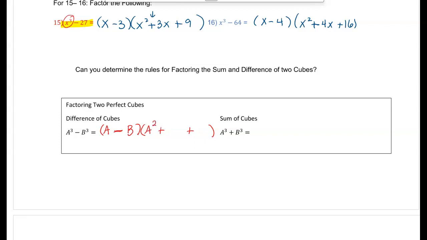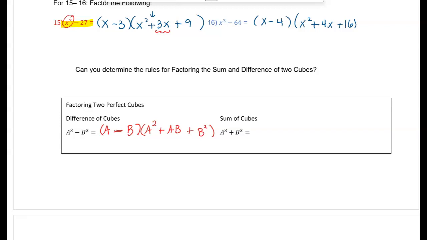Then what do we do to get our middle one? We multiply them together. BA or AB. It doesn't really matter which way. It's just when you have them together, they go together. Then, what was our last value? B squared. You have to memorize this pattern.